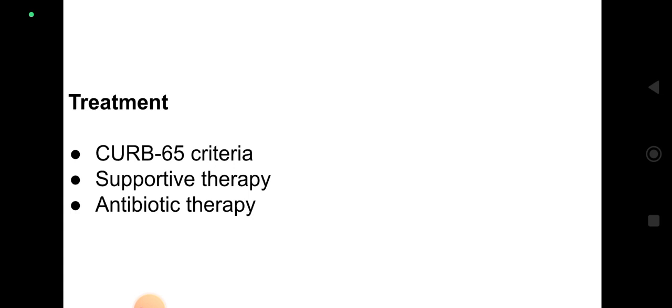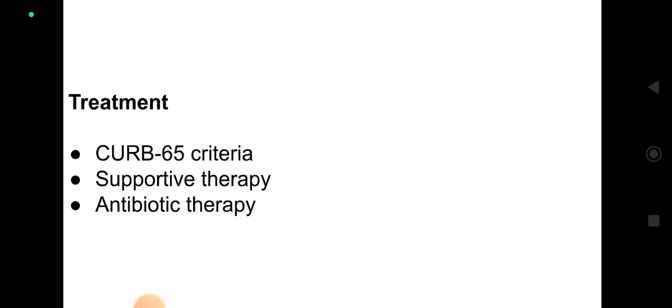The CURB-65 criteria are helpful in deciding whether the patient should be treated on an outpatient basis or hospitalized. Patients with 2 or more criteria need hospitalization.